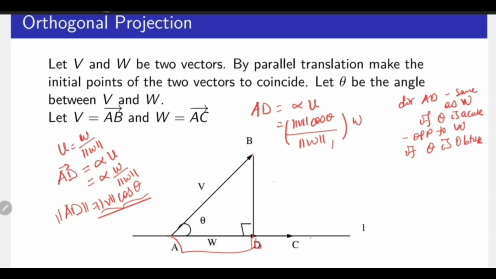So therefore our projection, or the orthogonal projection of the vector v along vector w, is the same as AD.